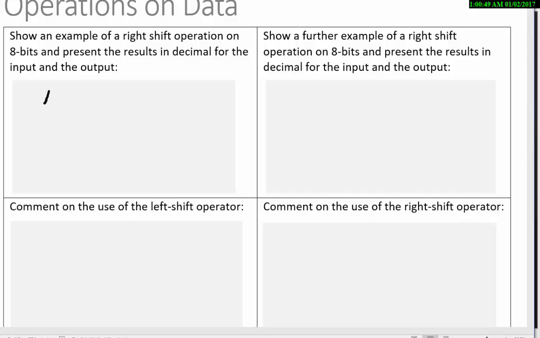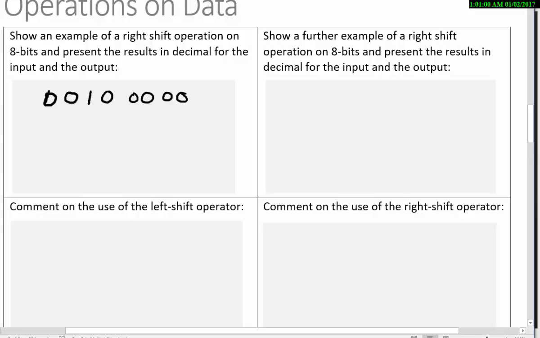And then this is obviously going to ask you to show an example where there's a right shift. So let me do this one quite easily as well. So that's 1, 2, 4, 8, 16, so that's 32. And when we right shift, it will be there, which makes it 16. So that shows how it's divided by 2.